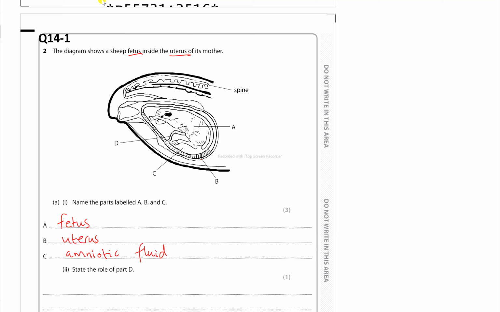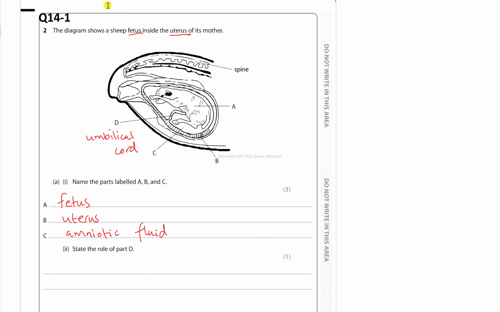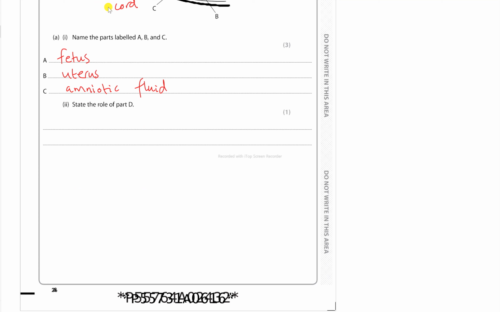And D, if they ask for it, is the umbilical cord. Right, okay. So what's the role? It provides nutrients to the fetus and takes away and removes waste. So for example, urea and CO2, etc.